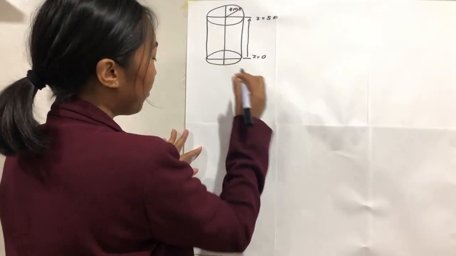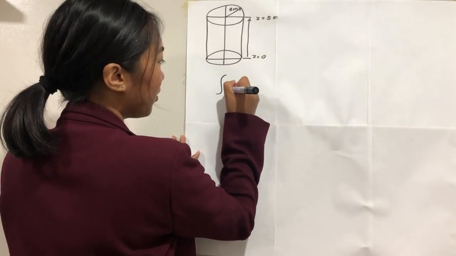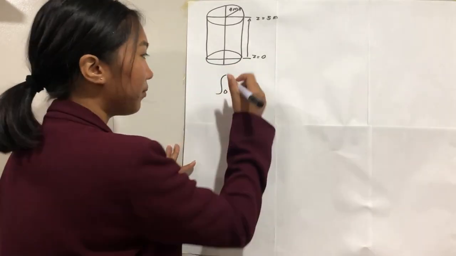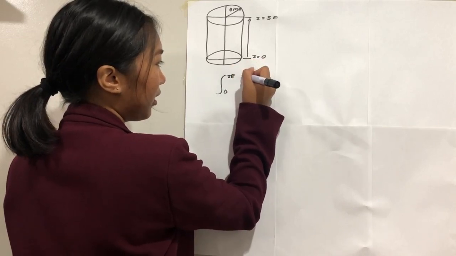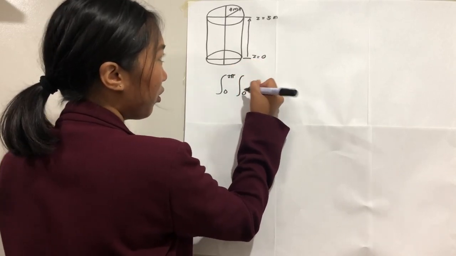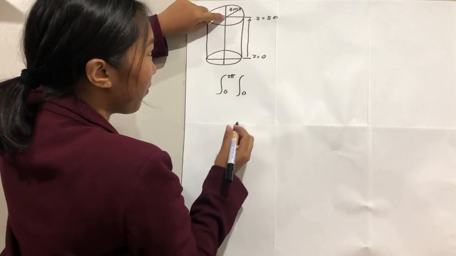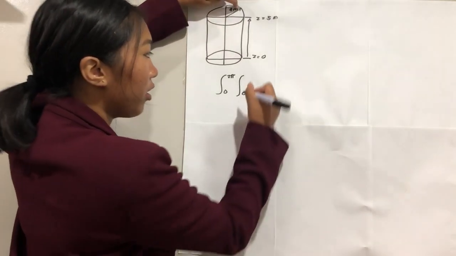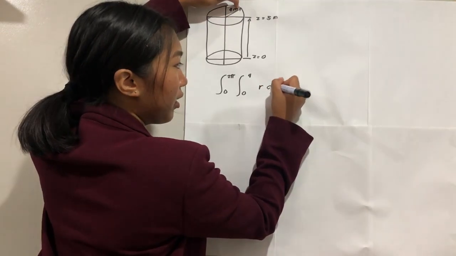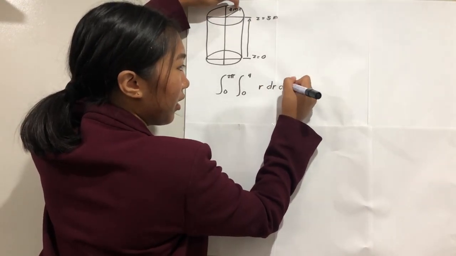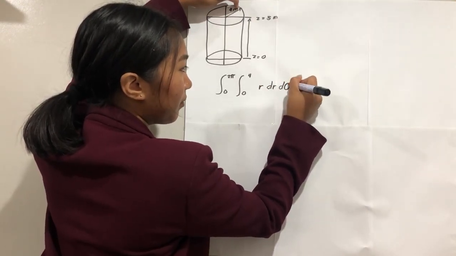So we all know that for the area, the integral from 0 to 2 pi, and for the radius, the integral from 0, since it starts from the center, up to 4. So 0 to 4, r dr d theta.